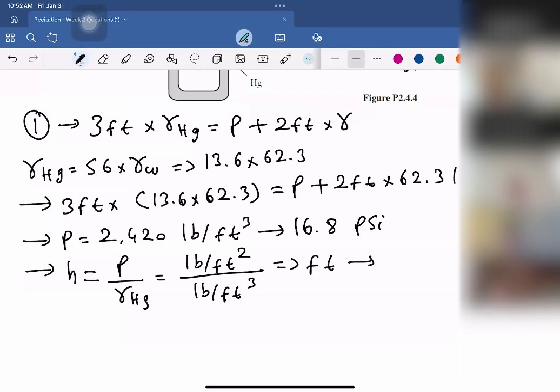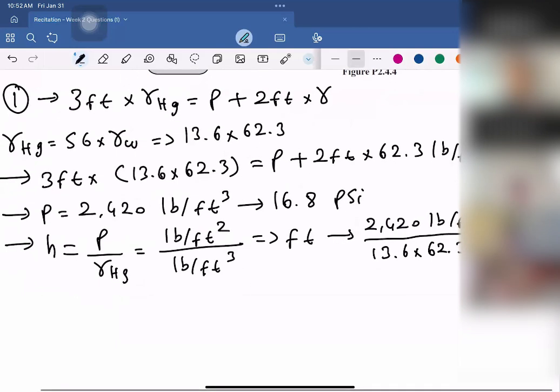So we found that the pressure is 2,420. And the specific weight of mercury is, from that we can get 2.86 feet or 34.3 inch.